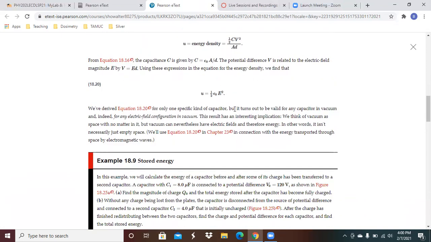Now, we went through this thinking of only one specific kind of capacitor, but as it turns out, it's valid for any capacitor in vacuum or for any electric field configuration in vacuum. We think of a vacuum as a space with no matter in it, but vacuums actually can have electric fields and therefore energy. In other words, it's not just empty space, which can kind of throw you for a loop there, but that's what we see.